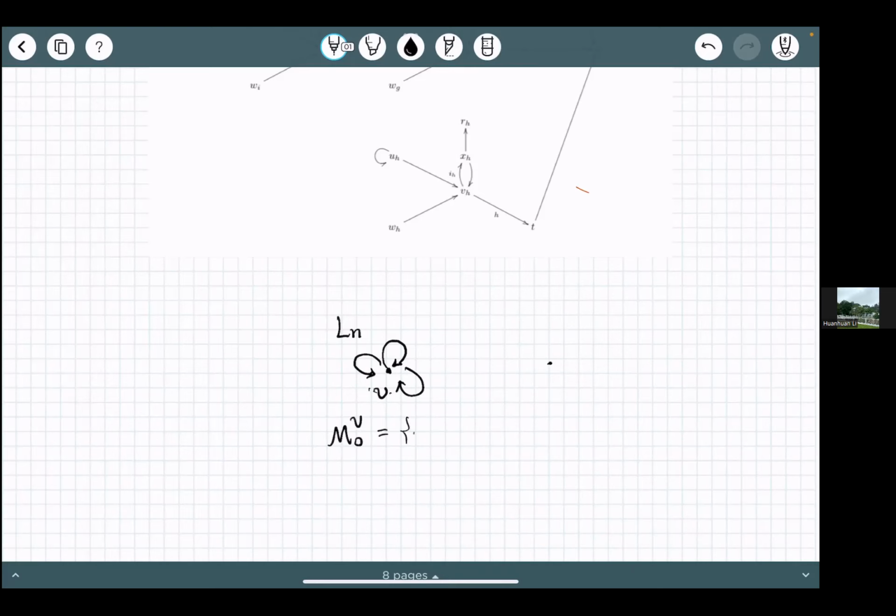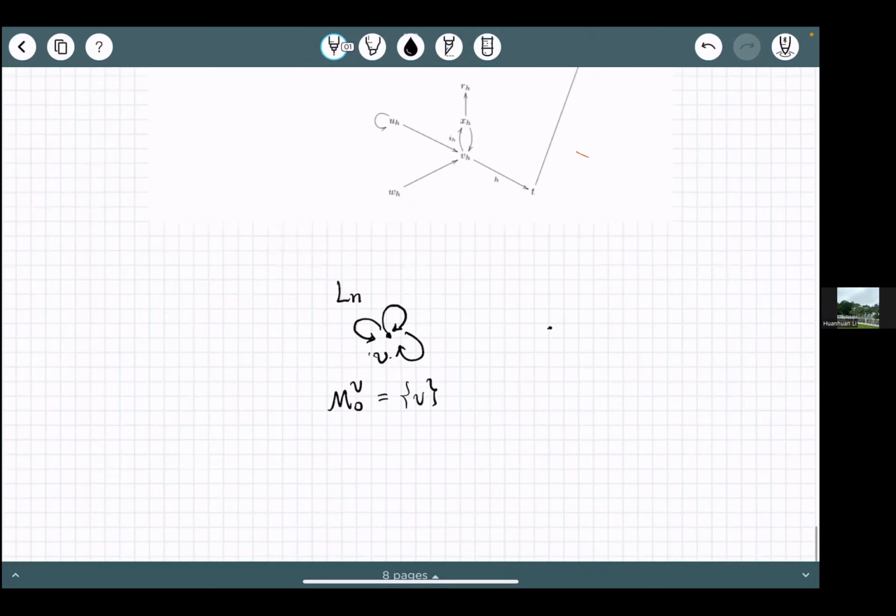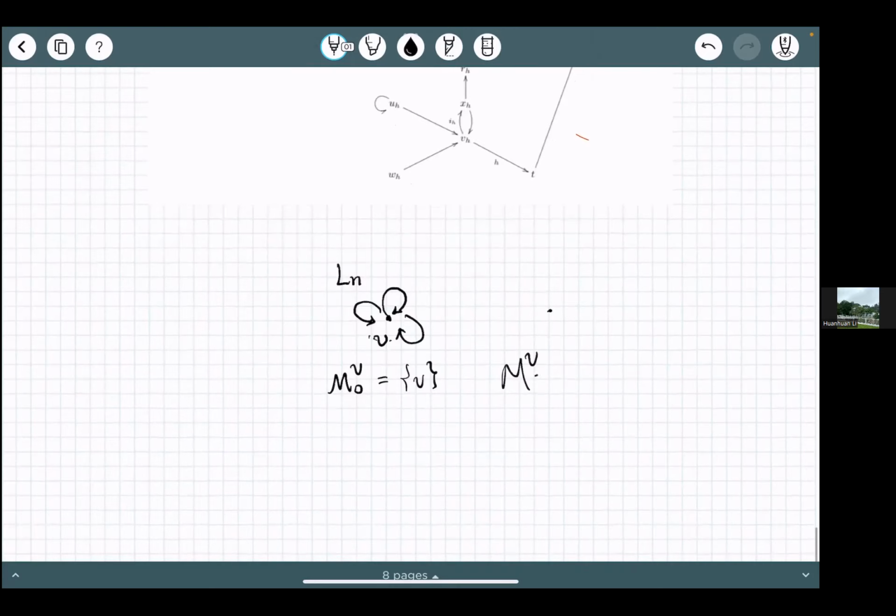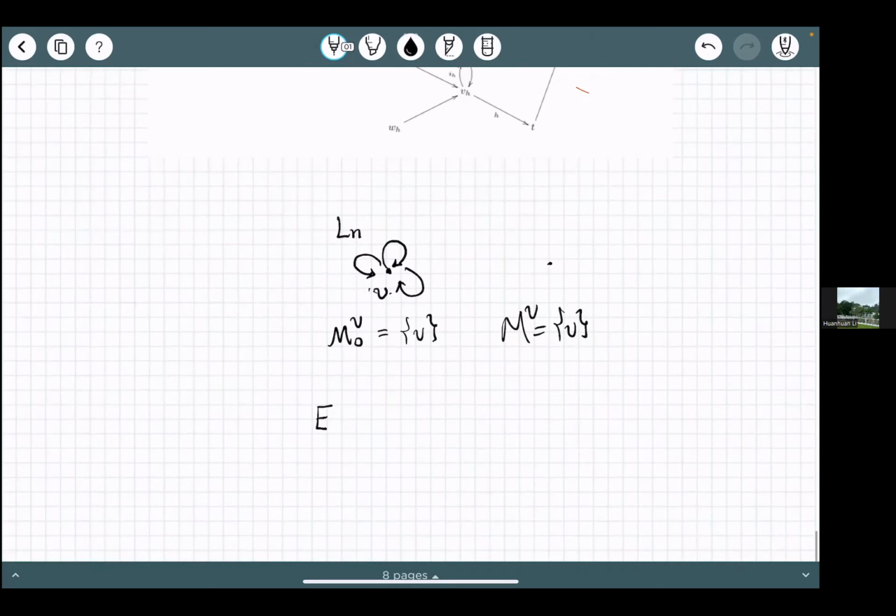M0V is V, because we only have one vertex, so in this case MV is V. And for EV, by definition, the zero set is E0 minus V, uniting all these copies. So you have n copies of this V.